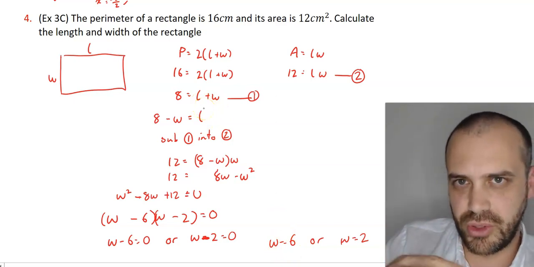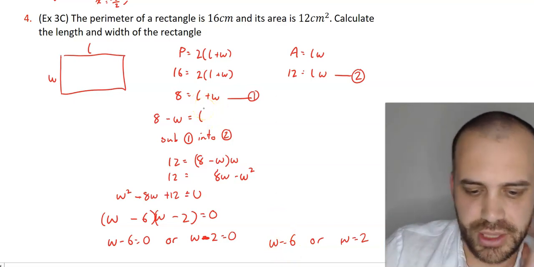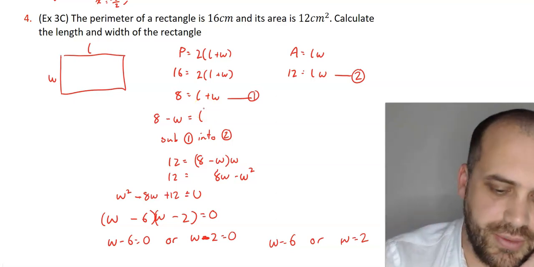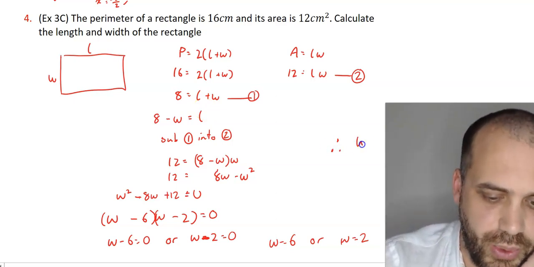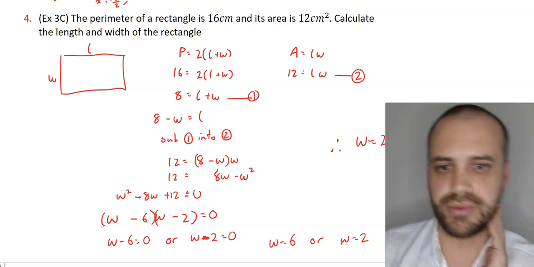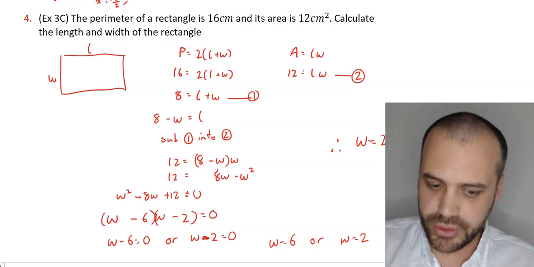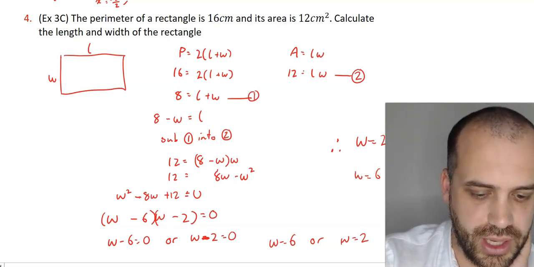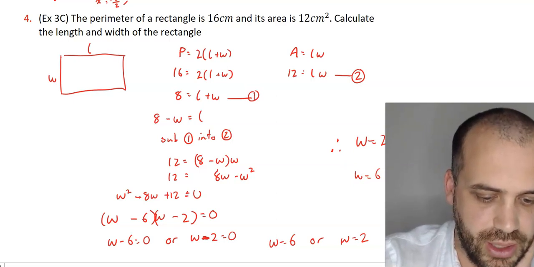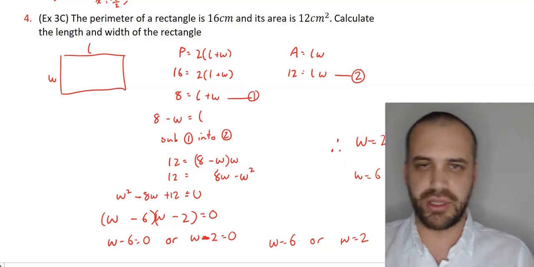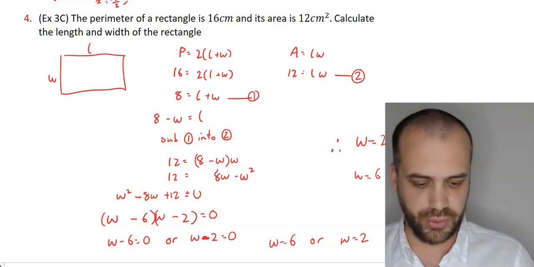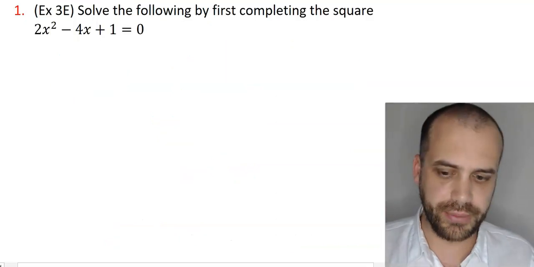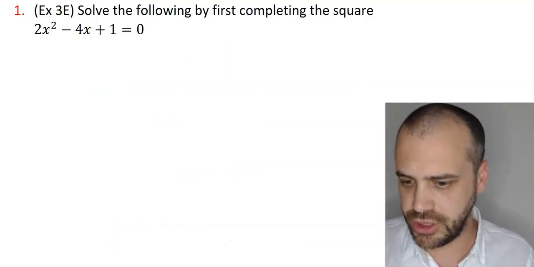And that's sort of the opposite of what we would normally expect. So our final answer, therefore, width equals 2 and length equals 6. You could say width equals 6 and length equals 2, but it's generally accepted that length is longer than width.